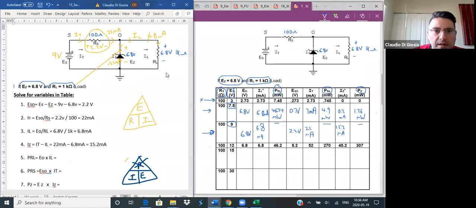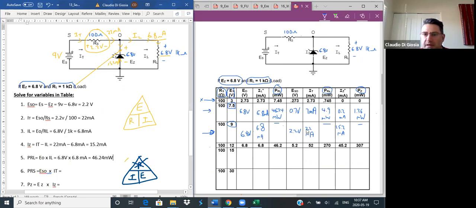PRL is the power across resistor RL. Well, that power is the 6.8 volts multiplied by the 6.8 milliamps. 6.8 multiplied by 6.8 milli is 46.24 milliwatts.